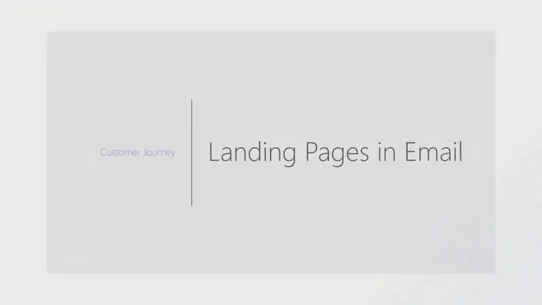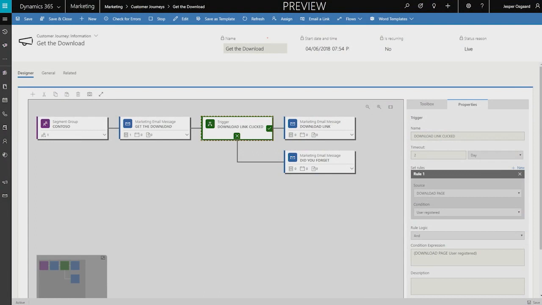Okay, so landing pages. Your audience needs to be aware of the landing pages, right? So you can send them an email with a link to a landing page. And here we are in a customer journey designed for encouraging people to download, for instance, a white paper.